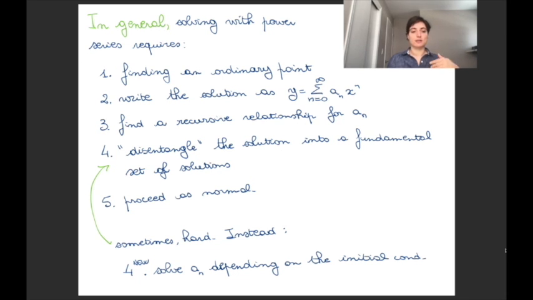That means that if you have found a recursive relation that indicates a n plus 2 depending on a n plus 1 and a n, and you have a0 and a1, you can actually start computing this recursive relationship. You might not be able to fully understand the fundamental set of solutions explicitly as we did in the example, but you're still able to compute the special solution for a given initial condition.